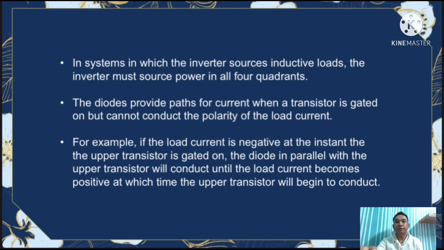For example, if the load current is negative at the instant the upper transistor is gated on, the diode in parallel with the upper transistor will conduct until the load current becomes positive, at which time the upper transistor will begin to conduct.